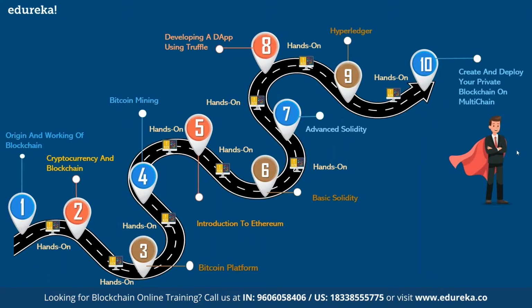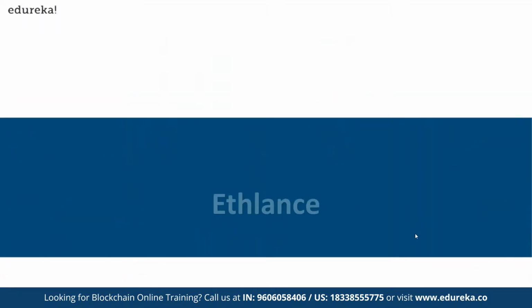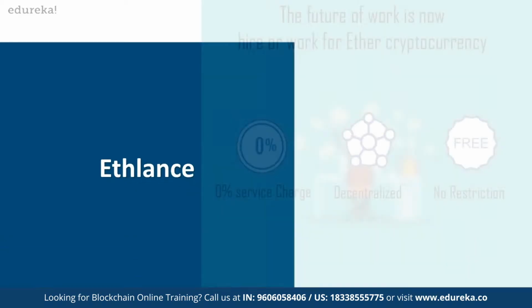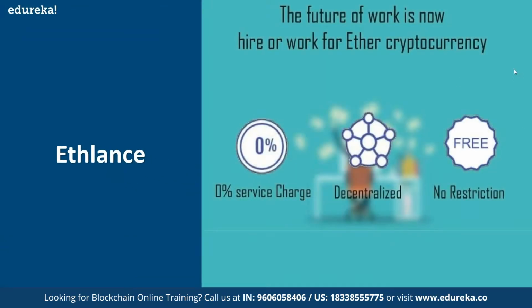Okay, now moving on. If I want to talk about some of the places where blockchain technology is used, we've got Hlans. Hlans is a job market platform which works completely on the Ethereum blockchain with 0% service fees. It's the future of hiring work for Ether cryptocurrency.